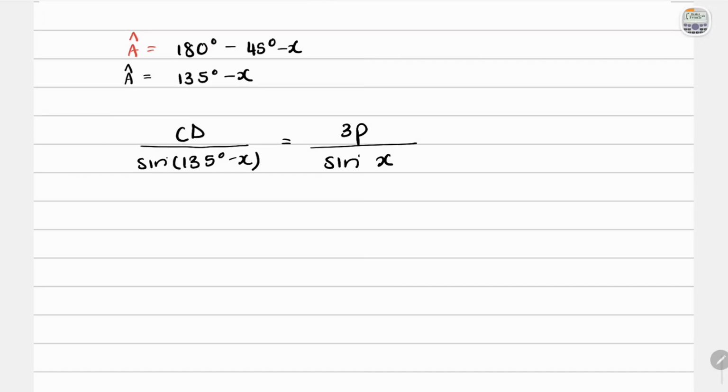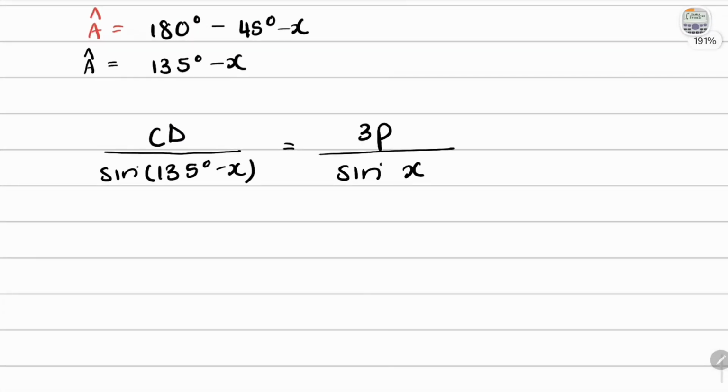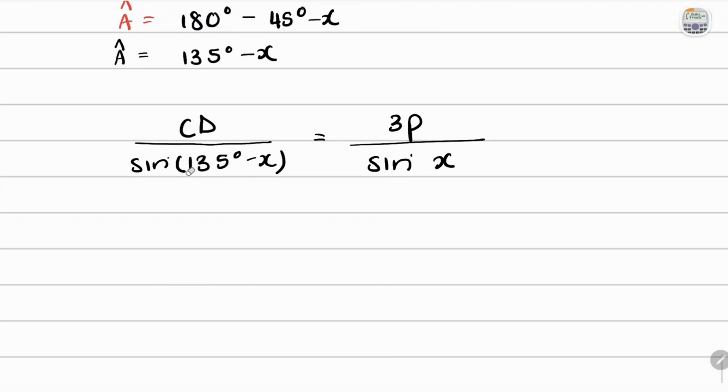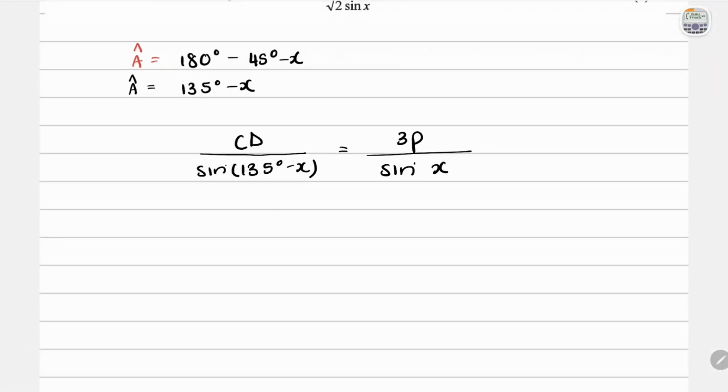Okay, and all we have to do now is make CD the subject. So you see that to make CD the subject, you can just get rid of this denominator. So to get rid of that, we can just use the multiplicative inverse. Okay, so you're just multiplying both sides by sine 135 degrees minus X to get rid of that.